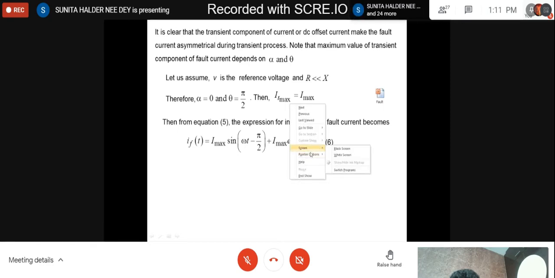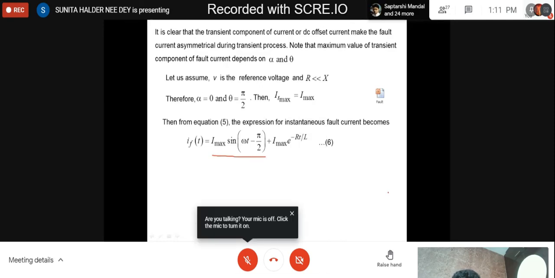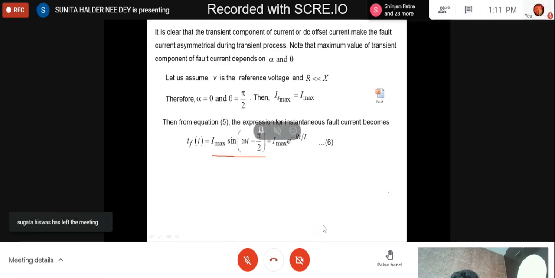What will be the value of this steady state component at omega t equal to 0? It is minus Imax, because Imax sine (minus pi by 2), and sine of minus pi by 2 is minus 1. So minus Imax. Is it clear? Yes, ma'am.